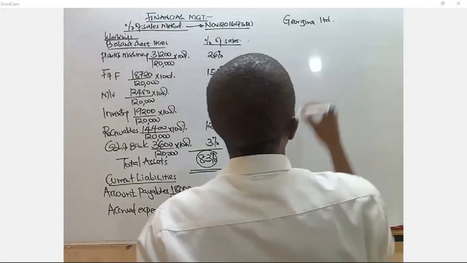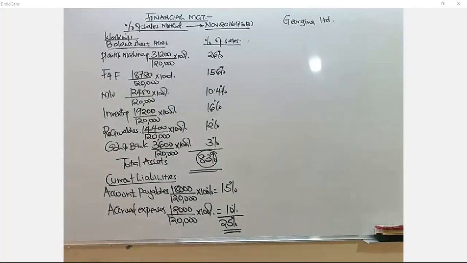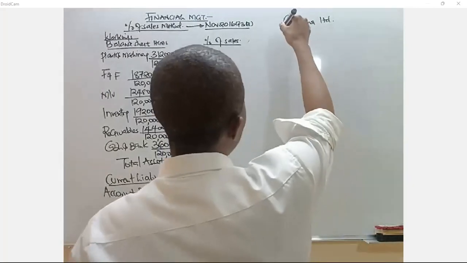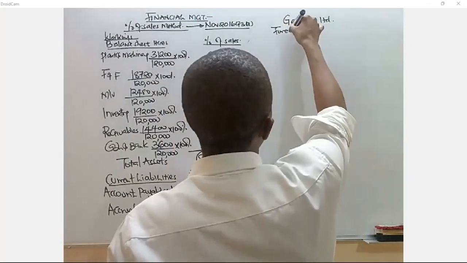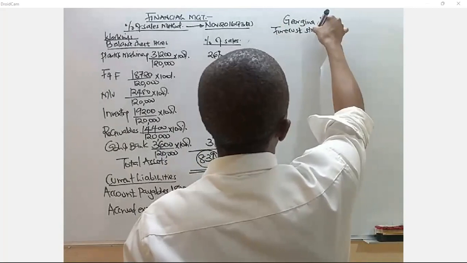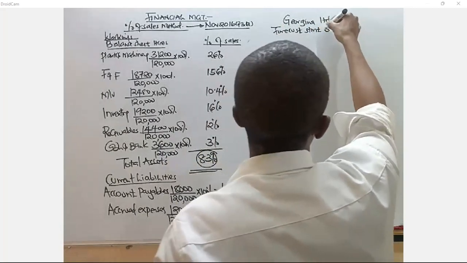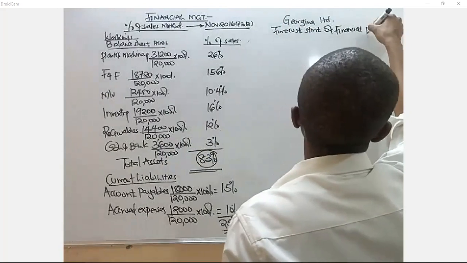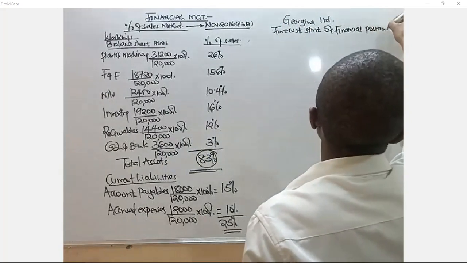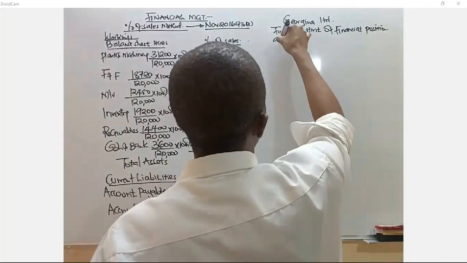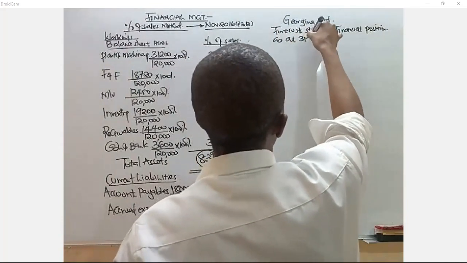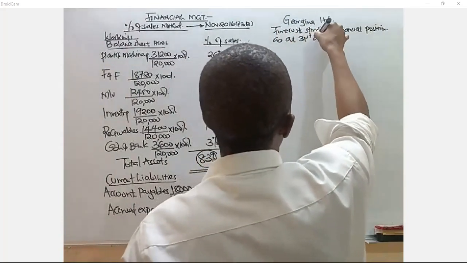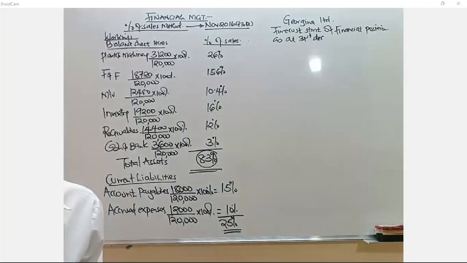Georgina Limited. Now, in this case, we are discussing about a forecast statement of financial position as at 1st December, the year should be already determined there, 2016.